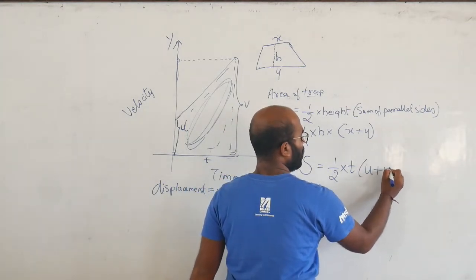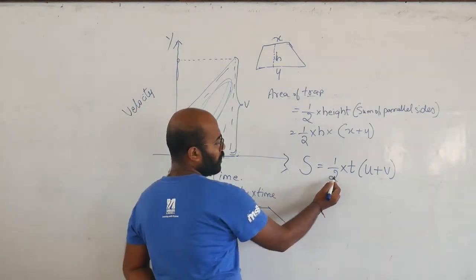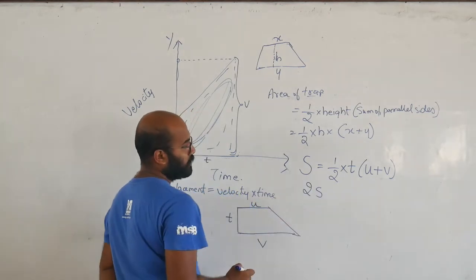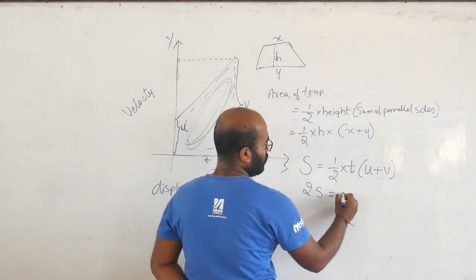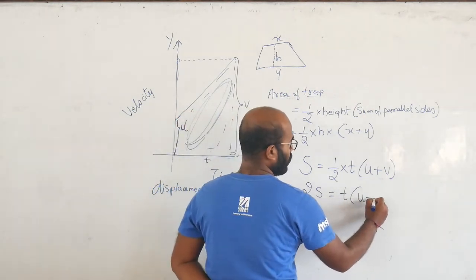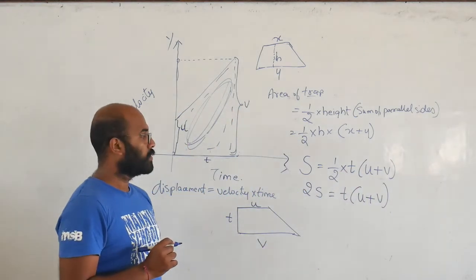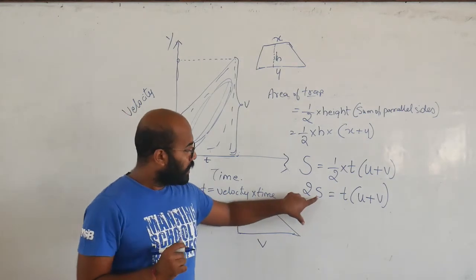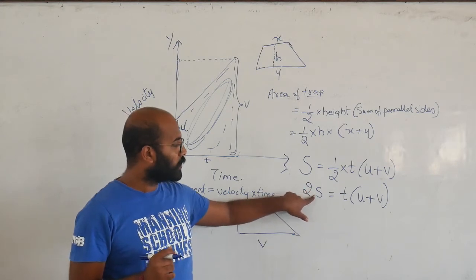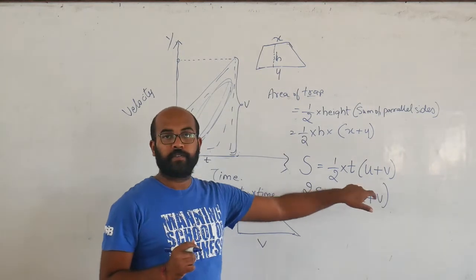So I cross multiply, the 2 goes up, 2s is equal to t into u plus v.